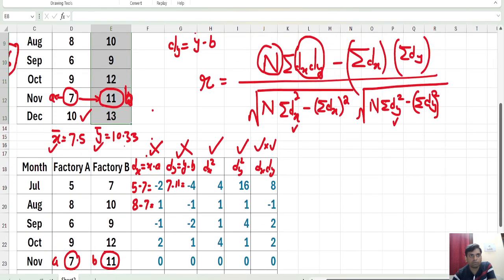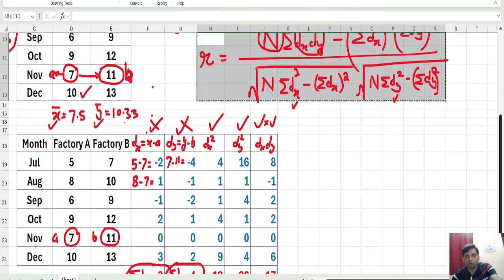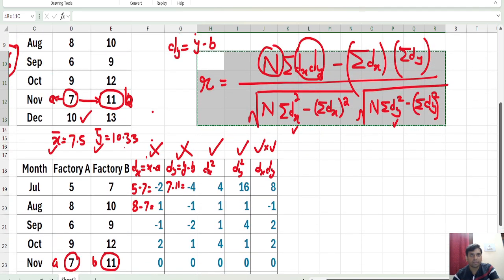So this is the formula. I am copying this formula. We will put all these values in this formula.